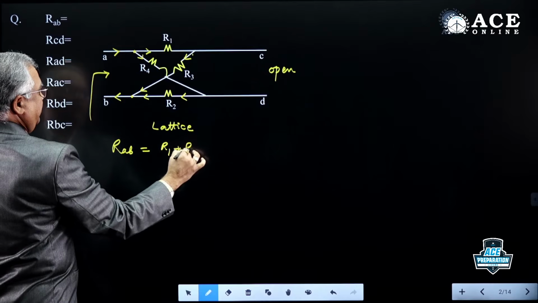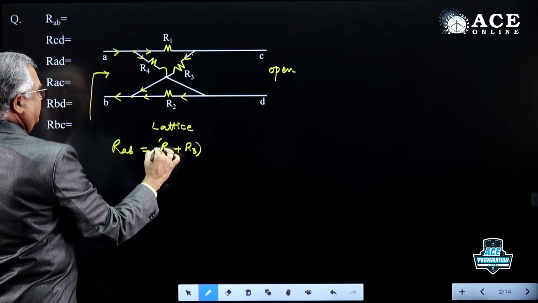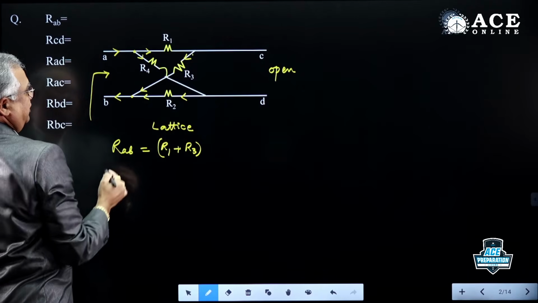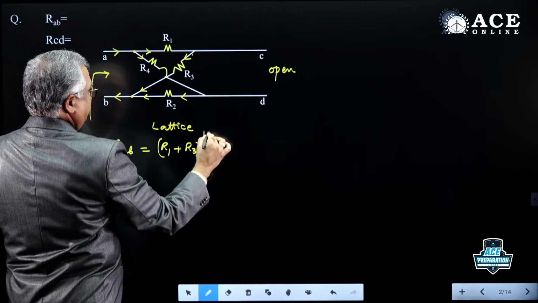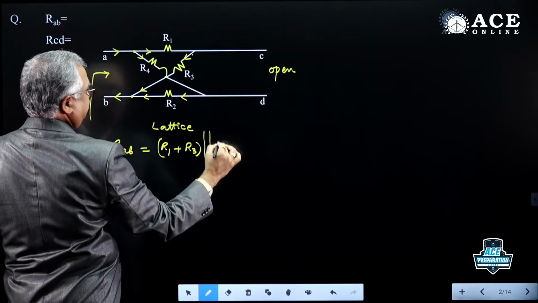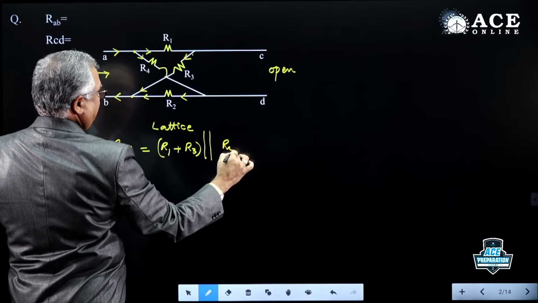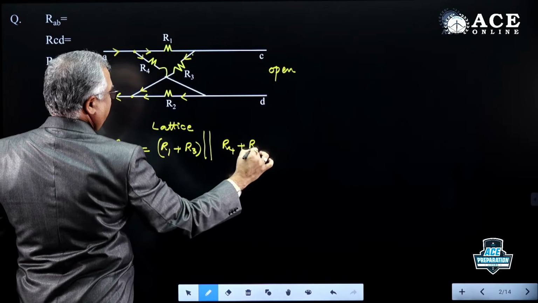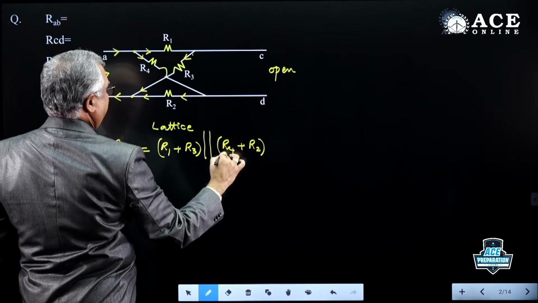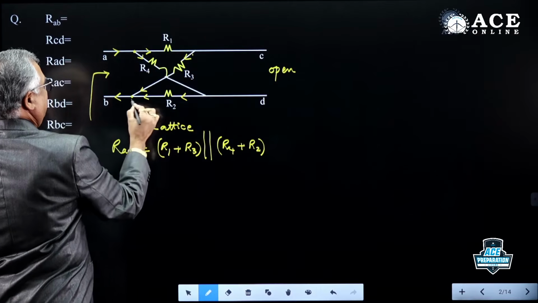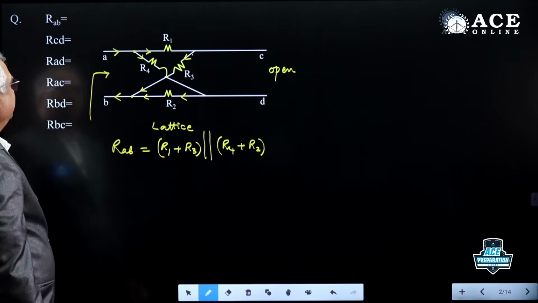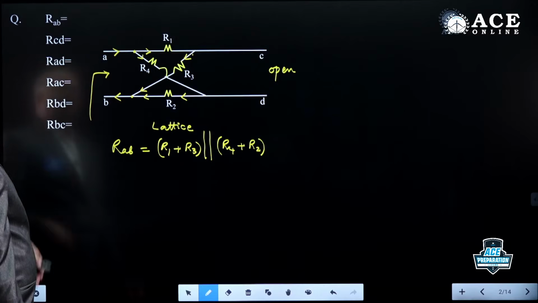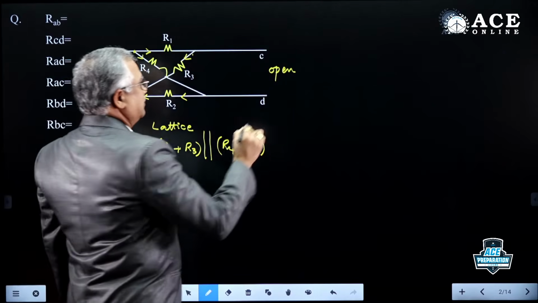R1 plus R3, plus R3 series, parallel with R4 plus R2. This is RAB. Like that we have to answer the remaining.